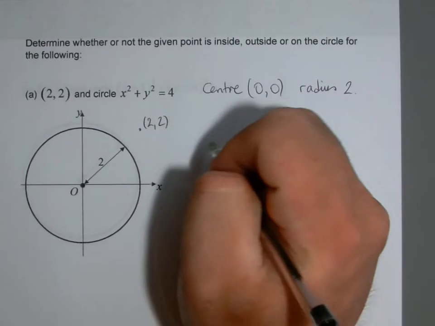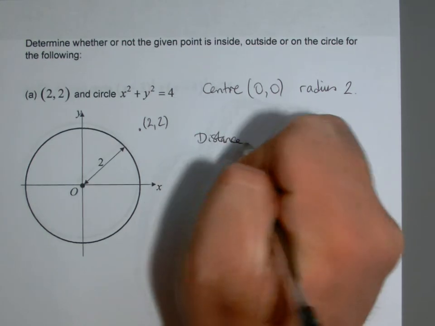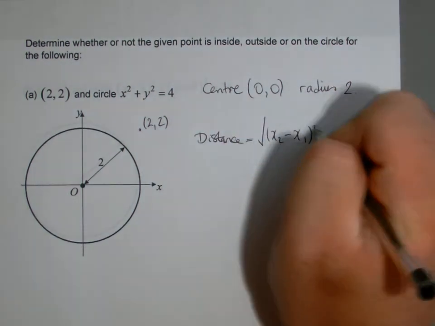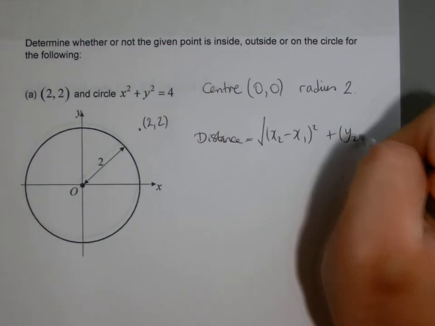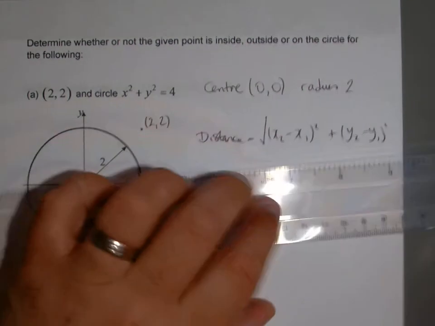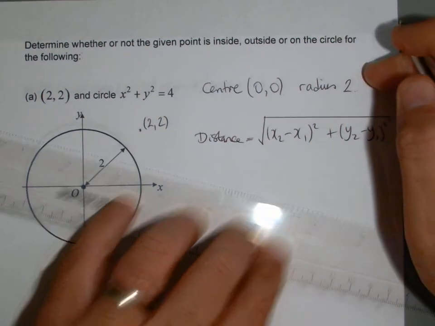So for the distance, I would use the formula from coordinate geometry: the square root of (x2 take away x1) all squared plus (y2 take away y1) all squared. It's going to be relatively simple, this one, because the origin is the center of the circle.